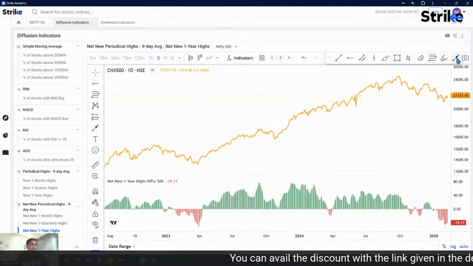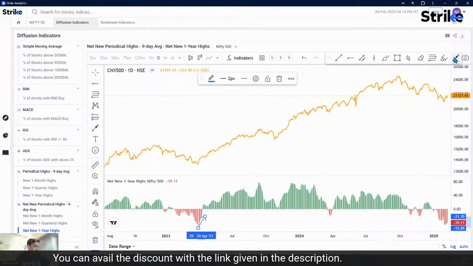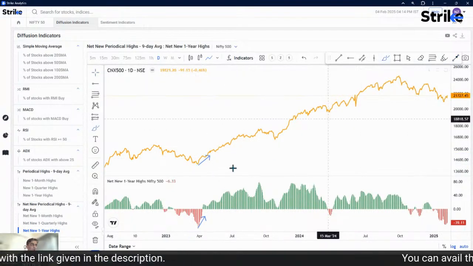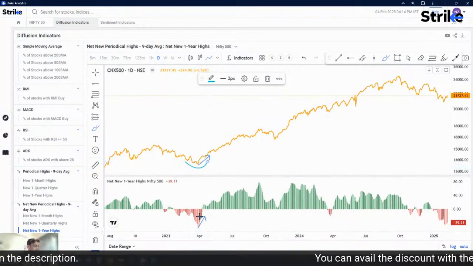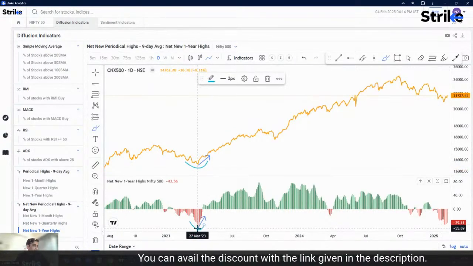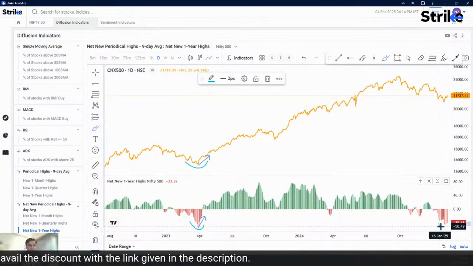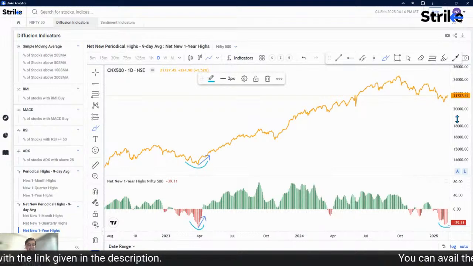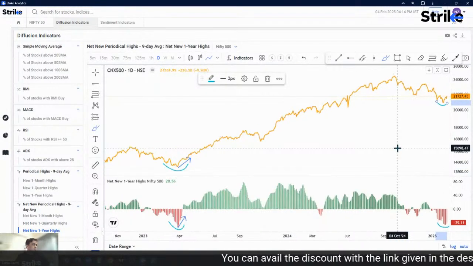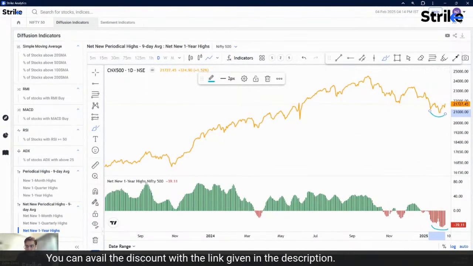And from there, when this indicator started improving, you can see that the market made a nice bottom at this level. Since March 2023, it's been almost 2 years that this reading is again at its extreme. So this indicator again points towards a short term bottom.